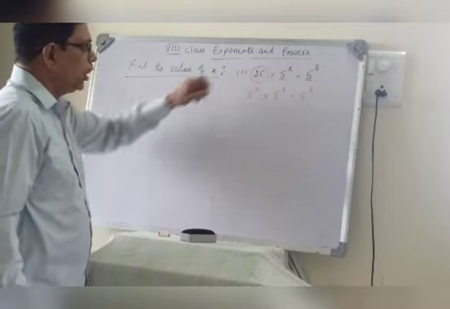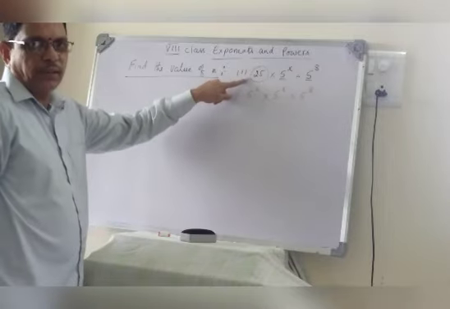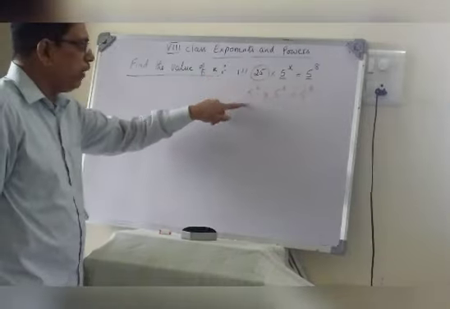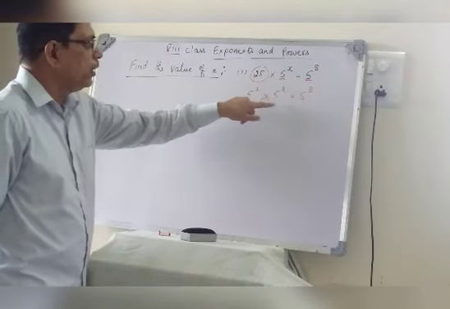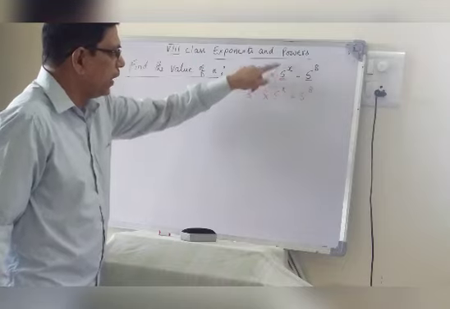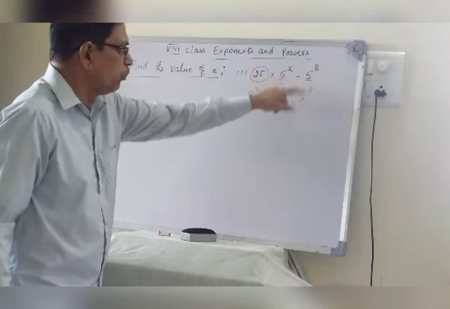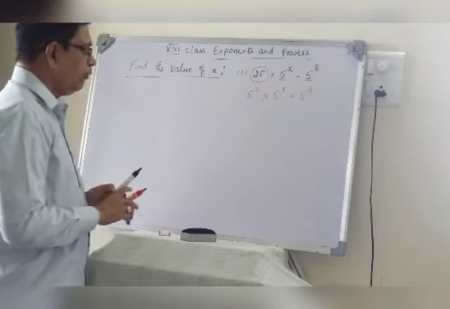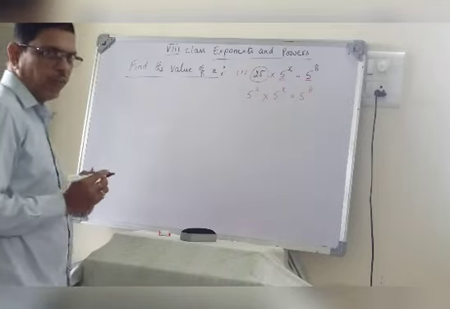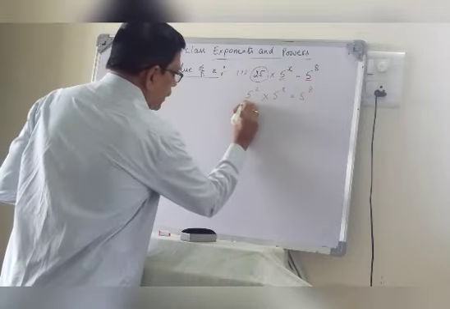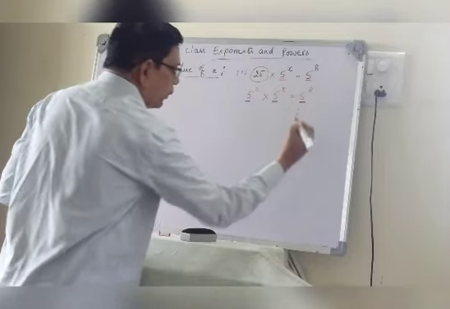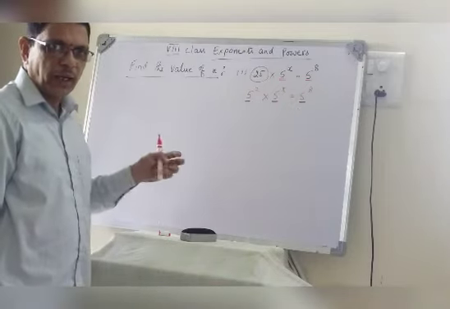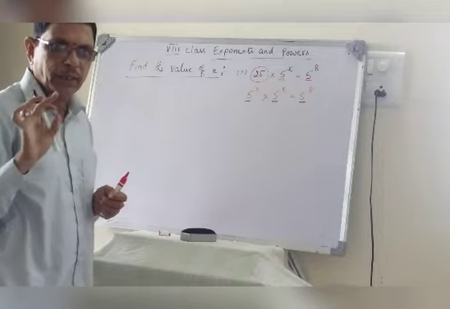All of you followed? 25 हम कैसे लिख सकते हैं? 25 को हम 5 स्क्वायर के जैसा लिख सकते हैं. 5 square into 5 to the power of x is equal to 5 to the power of 8. If you observe this problem carefully, now here the base is 5, here also the base is 5, and here also the base is 5. तो हम क्या करें? इस प्रॉब्लम में पूरा बेसिस बराबर कर दिए.